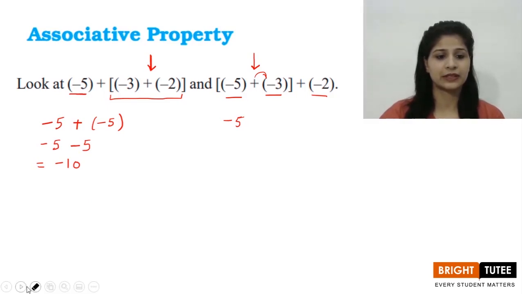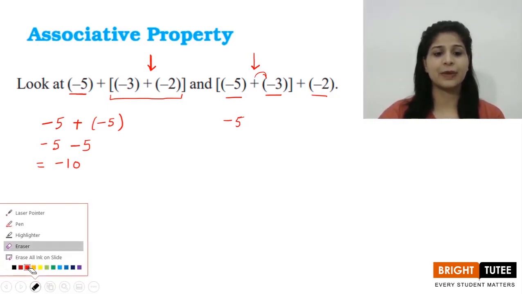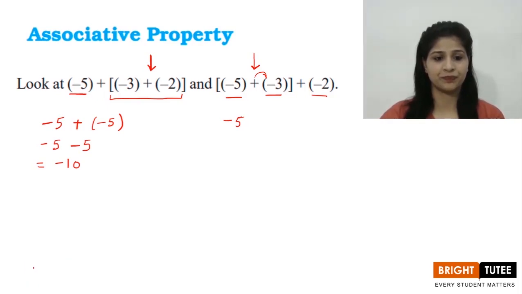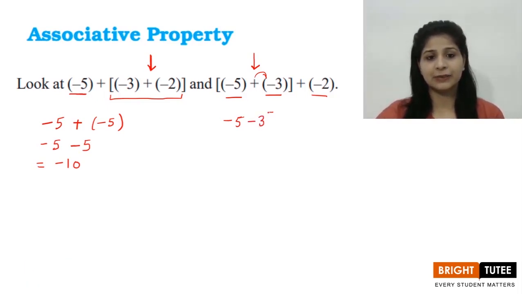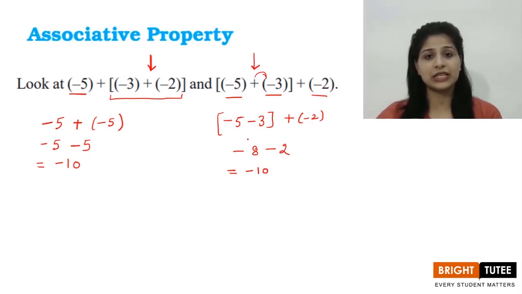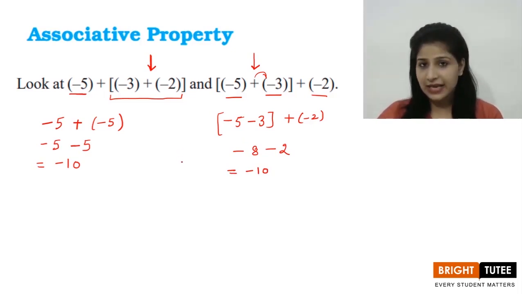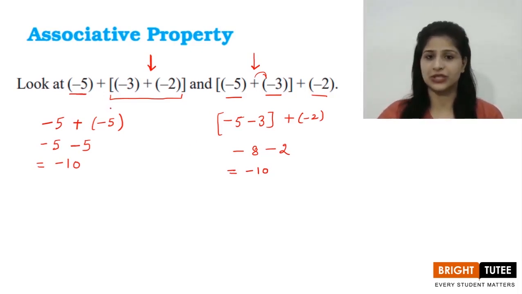Let's write minus 3 inside the bracket, and then we have plus minus 2. First of all we will do minus 5 and minus 3, that will give us minus 8. Plus and minus is minus 2. So what we get? We get minus 10. In both the scenarios you see the answer is minus 10. So what we can say? That the addition of integers is associative.